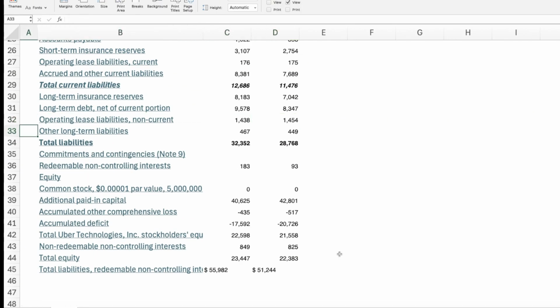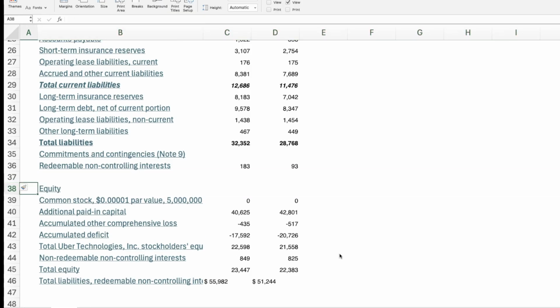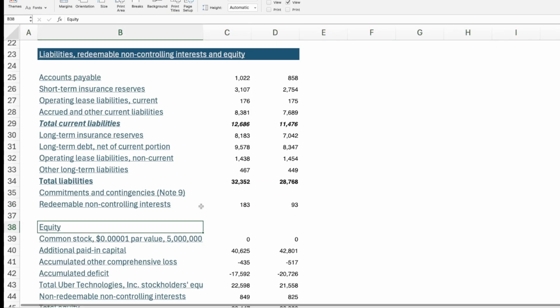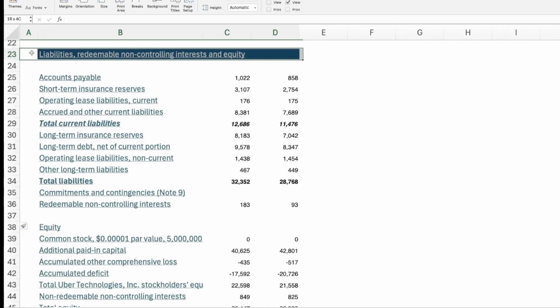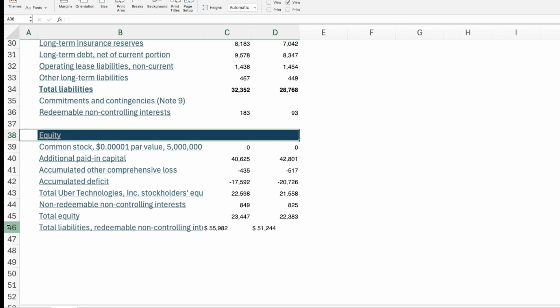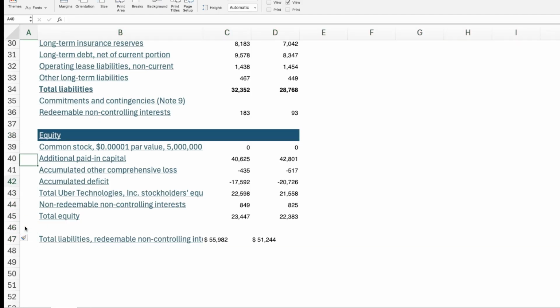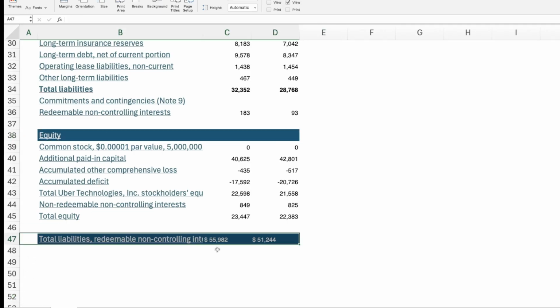Okay, now let's look at the equity part. There we go. Okay, and this is just going to be the sum of everything basically.